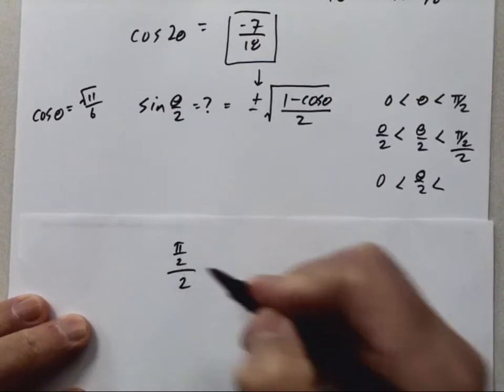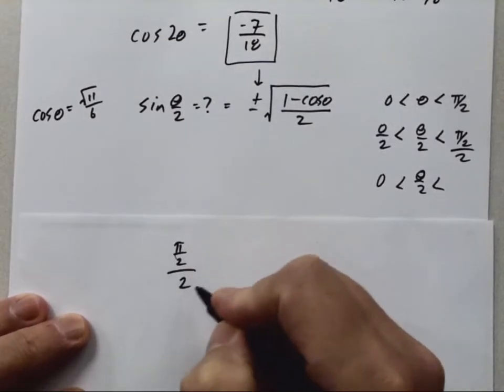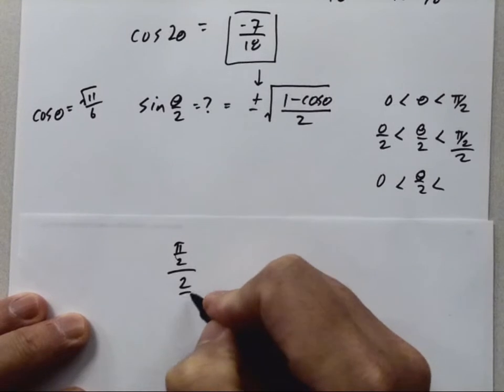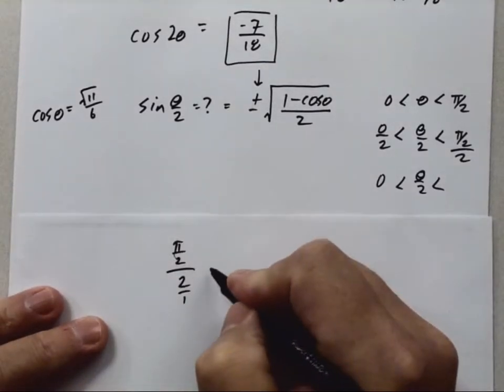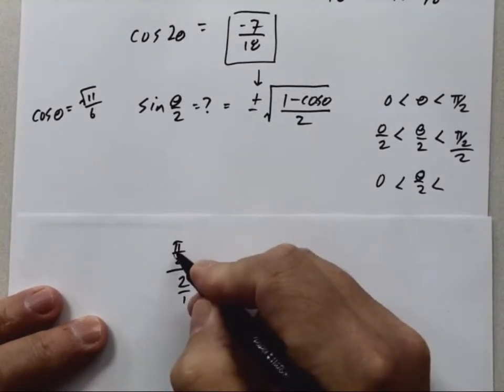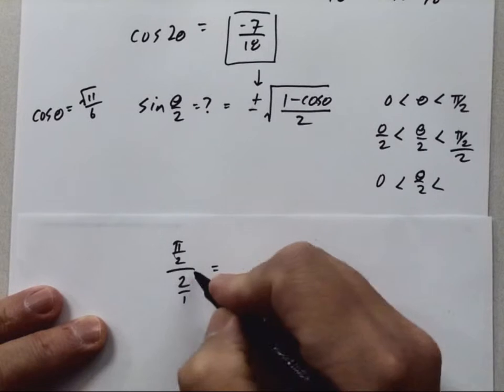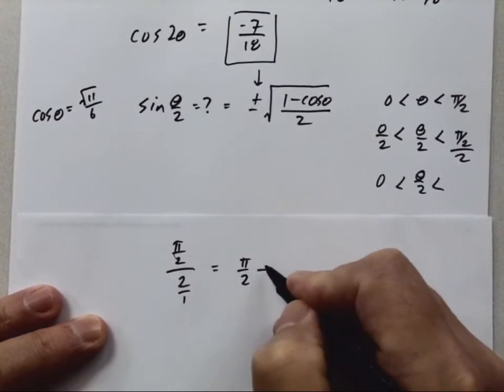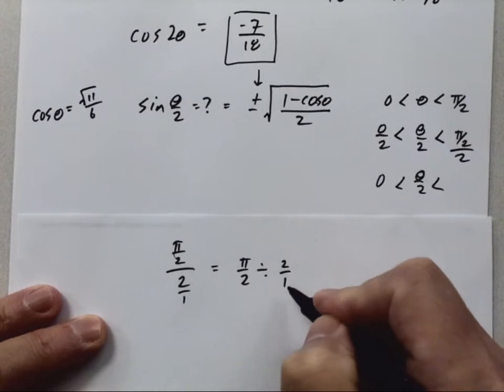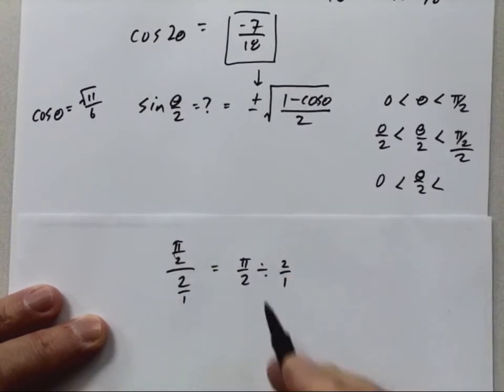This is called a complex fraction. You have a fraction over a number, although if you want to, we could convert the 2 in the bottom to a fraction. And if you remember, fraction over a fraction is just like division. I could write that fraction like this.